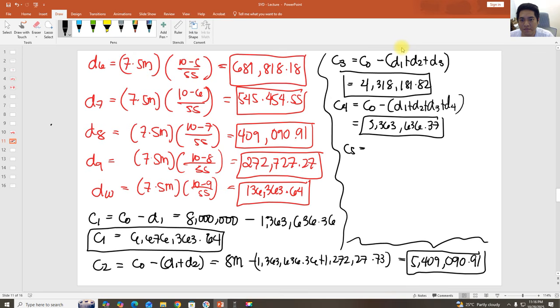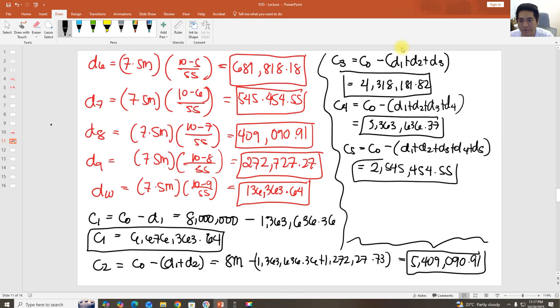And then C5, C sub 0, this is the formula, minus the summation up to D5. Okay? And for our C5, we have 2,545,454.55. For the C6, we have first cost minus D1, of course, summation up to D6.